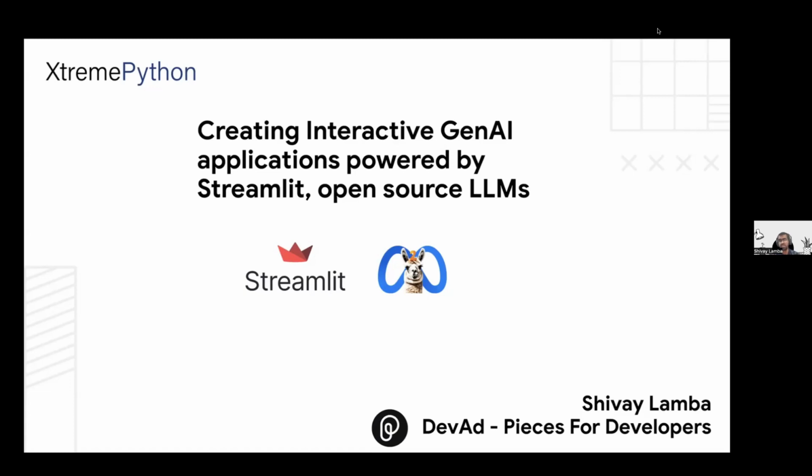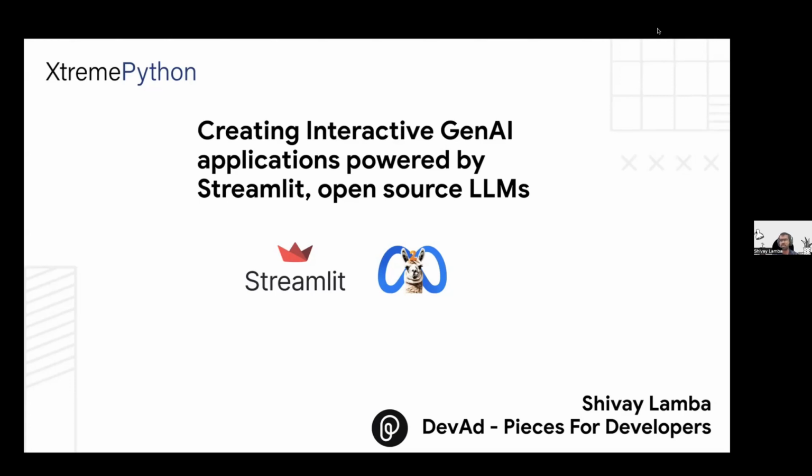Using copilots powered by large language models, both cloud-based such as Gemini or ChatGPT or GPT-4, to also then having a huge focus on using open source large language models like Llama 2, Phi, and Mistral, so that you can empower your developer productivity with the help of these tools.